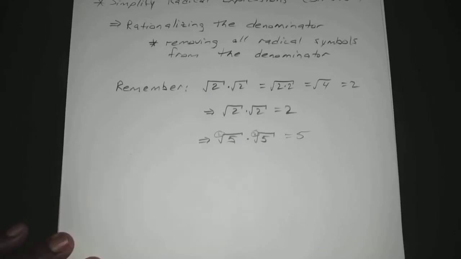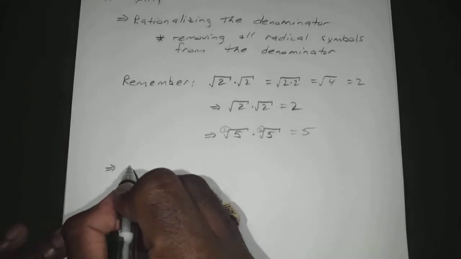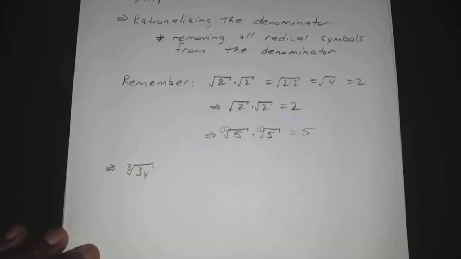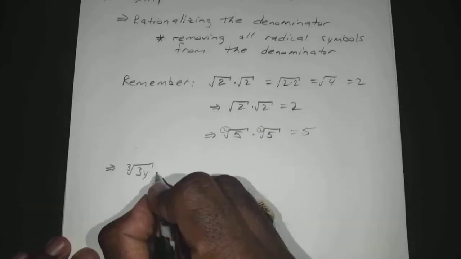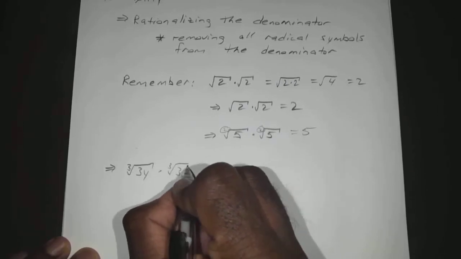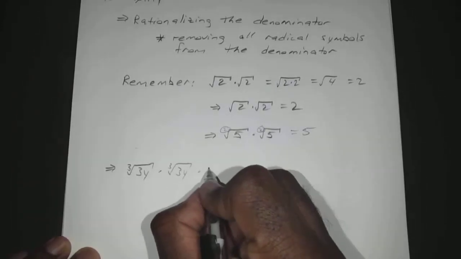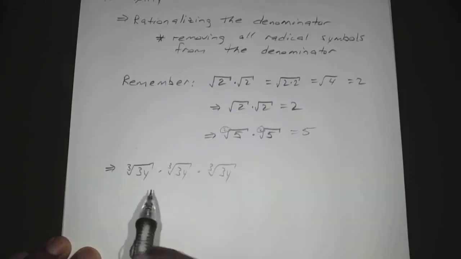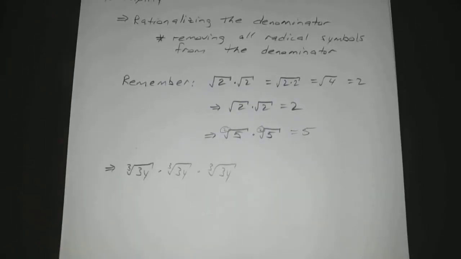That means if you had the cube root of 3y times the cube root of 3y times the cube root of 3y, we have an index of 3 and we multiplied it 3 times.